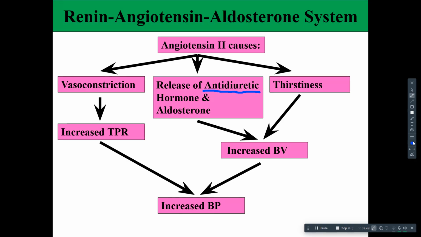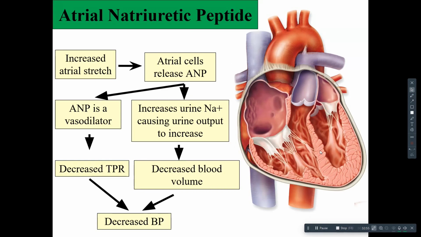All right, that is my renin, angiotensin, aldosterone system. And now we got another chemical that impacts blood pressure. Of course, this is a heart. You know all the parts. Atria.